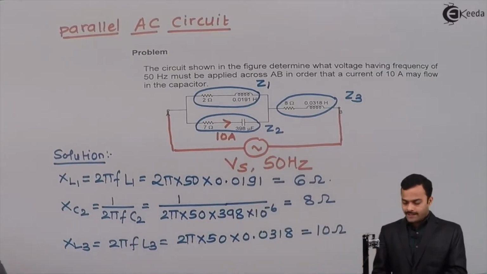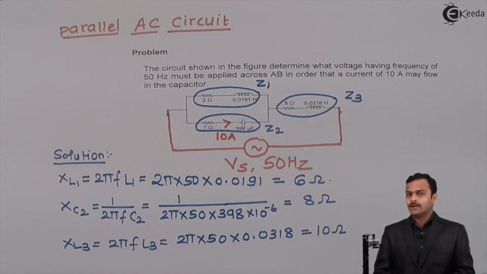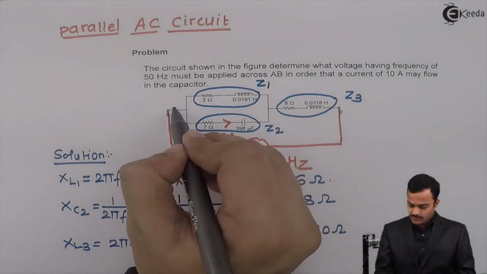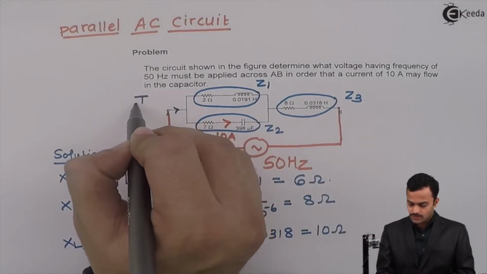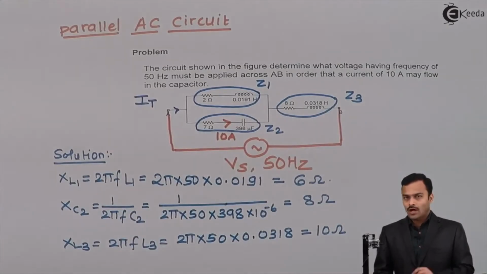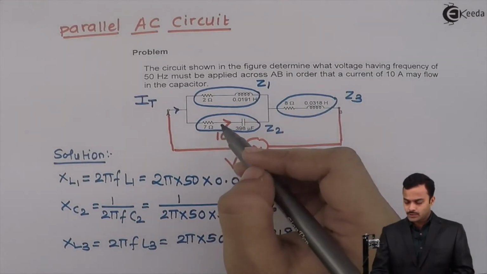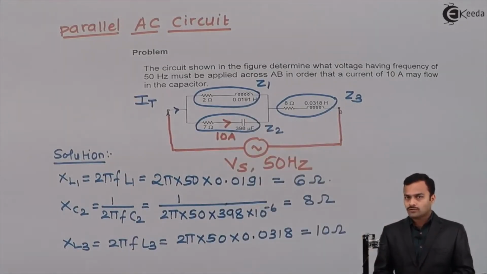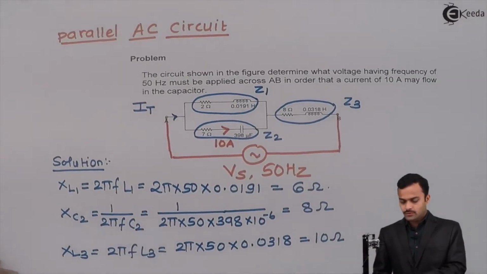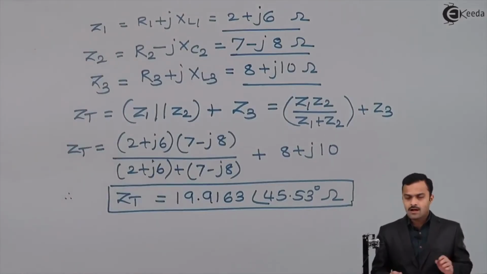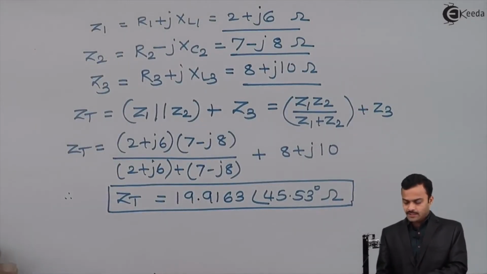Now, I can use the current divider rule over here. I get this current, which I call I total. I total is getting split into 2. Out of that, one current is given. So I will use the current divider rule.